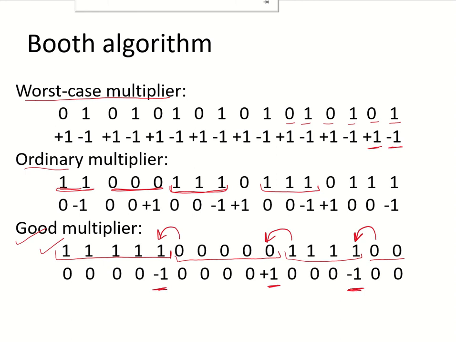So you can see that in this case only 3 additions of the shifted version of the multiplicand would be required. Compare this to the original multiplier: 1, 2, 3, 4, 5, 6, 7, 8, 9 additions required, and this has been changed to 3 additions only. So this is how the Booth algorithm helps us in recoding the multiplier and can be used for positive as well as negative multipliers.